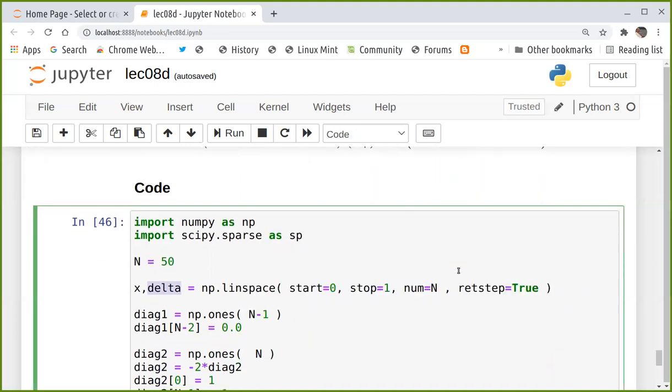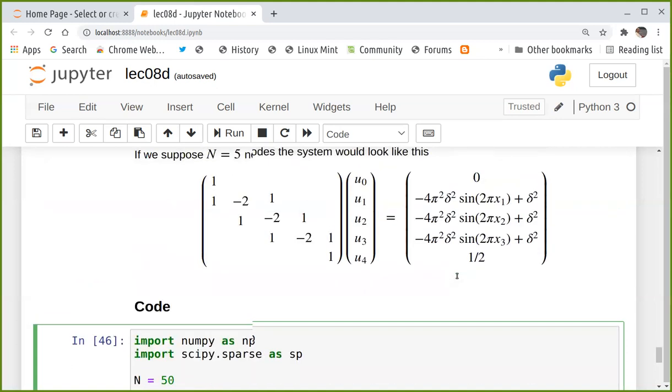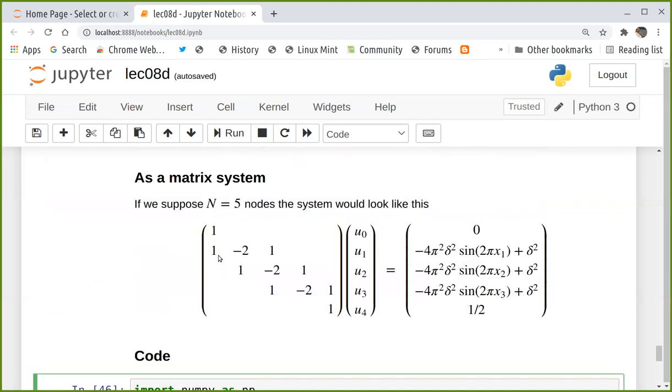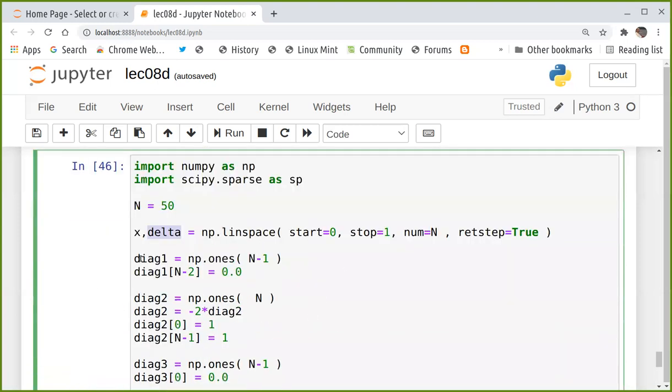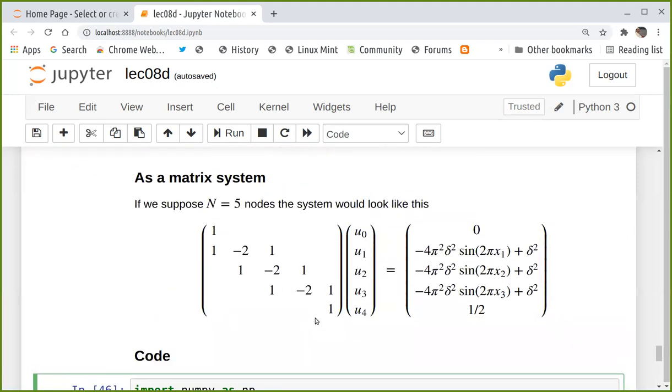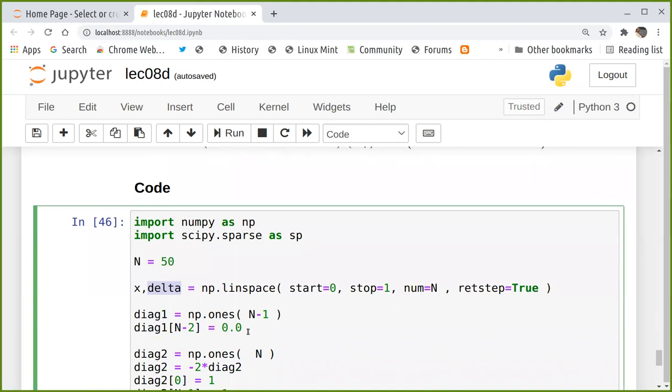Okay. So the first diagonal, let's call this diag 1. I've got a 1, a 1, a 1, all ones all the way down to the last row, and I have a 0 there. And remember, it's one entry smaller than the main diagonal. So the lower diagonal, which I'm calling diag 1, consists of 1s except for the last entry, which is a 0.